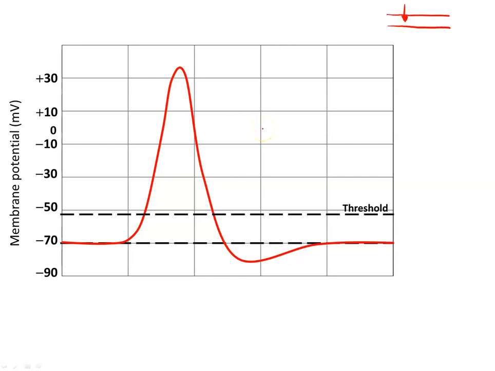Now let's talk about the mechanism of how we get this change in voltage. We're going to kick things off with this portion of the line right here, this little flat line at -70. You folks know the action potential has not started yet. Our axon is at rest, okay? That's the resting potential. But if the graded potentials received from a single neuron are strong enough when they get to the axon hillock and open up all of those sodium gated channels, we will get a signal that will definitely surpass threshold.